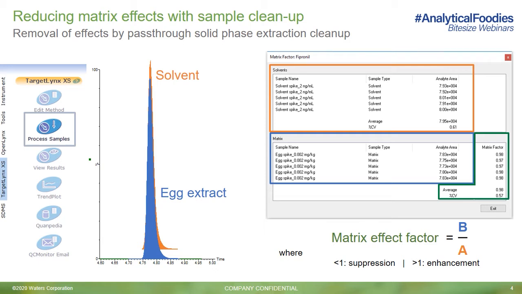To understand the impact on effects specifically, we've run fipronil again at the required reporting limit. We can see that matrix effects between the solvent-based and cleaned-up matrix-based standard are negligible. To see this in the overlaid chromatography, we've offset the y-axis so that we see two peaks which are equivalent in response.